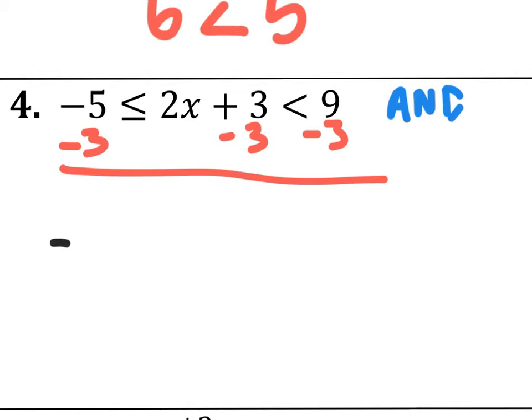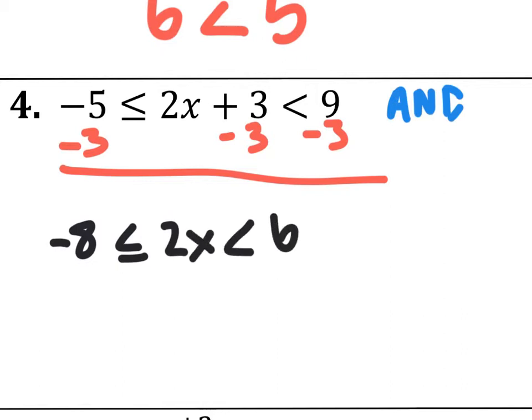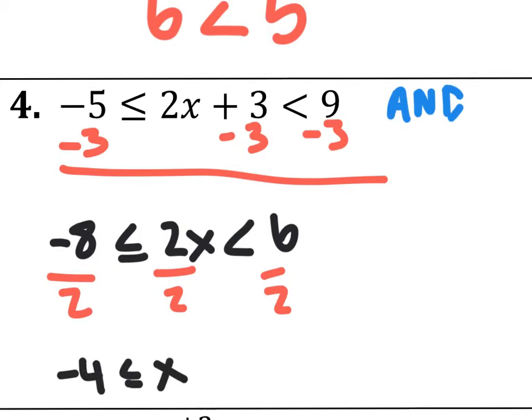We have negative 8 is less than or equal to 2x, less than or equal to 9 minus 3 is 6. Then we would take and divide everything by 2, and then we would end up with negative 4 less than or equal to x less than 3.